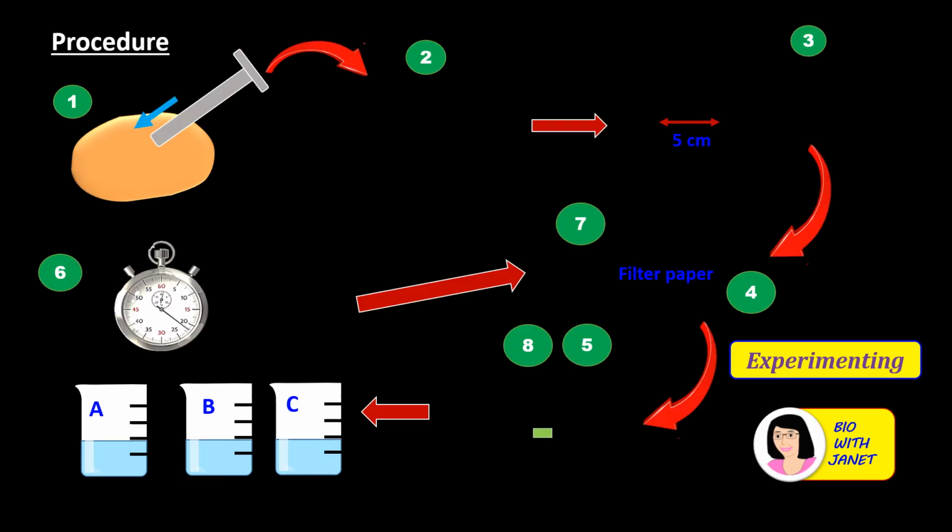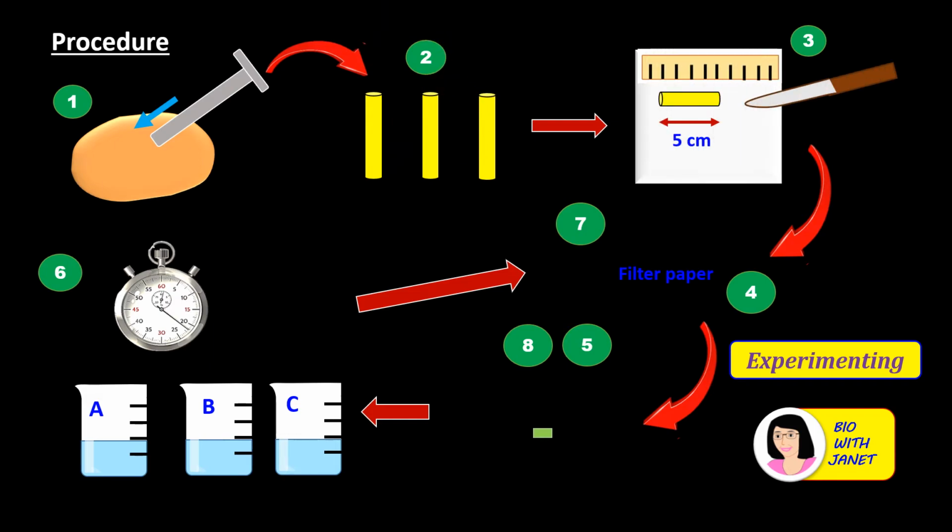So produce 3 cylindrical potato strips, right? And after that, put each one on the white tile, measure 5 cm and cut it with a knife to make sure that they are of uniform length, so that it's easier to carry out the experiment.